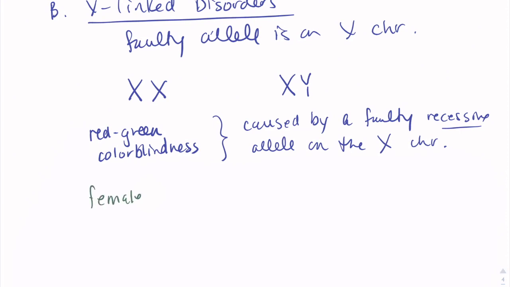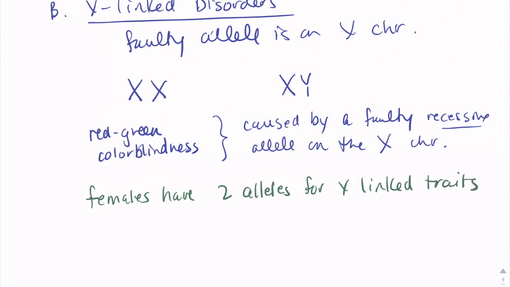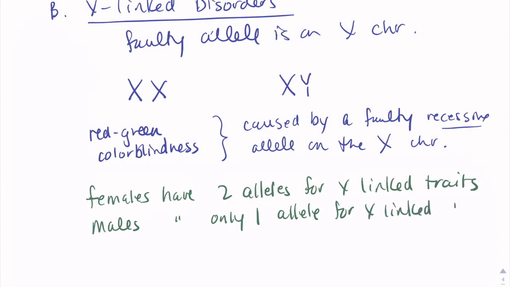Females have 2 alleles for X-linked traits. Males have only 1 allele for X-linked traits, because males are XY, females are XX.